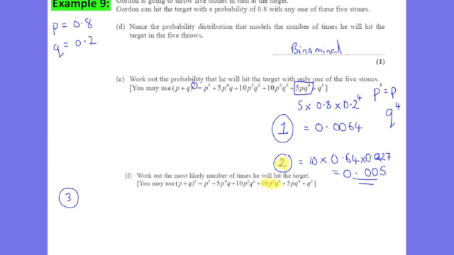3 times, we are looking here at P cubed.